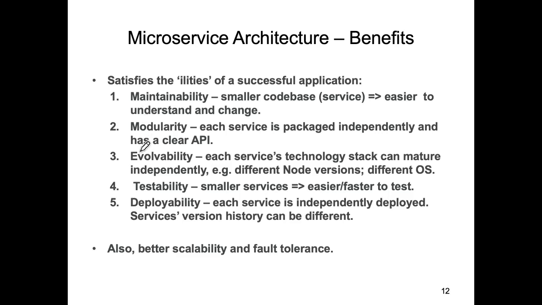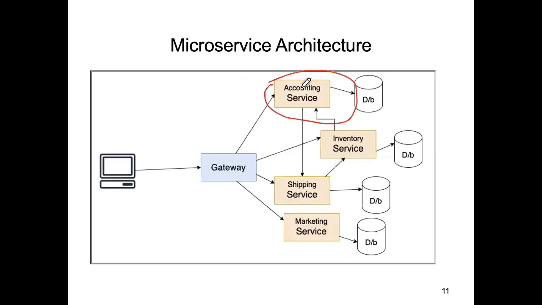The other thing was in terms of evolvability. Like this service here might be implemented in Java, whereas this service here might be implemented in Python, and this service might be implemented in TypeScript.